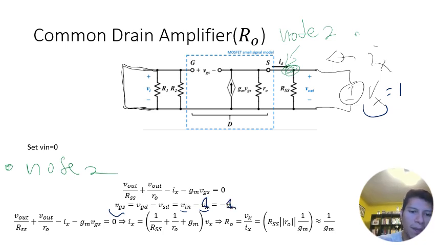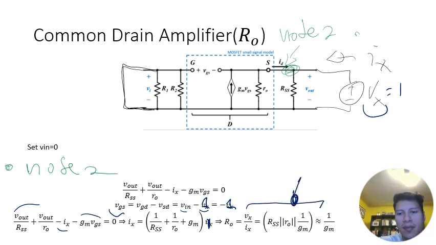And then now I have that Ix is equal to the sum of these 3 currents. And that's just equal to this, and then we're able to get that our output resistance is this.